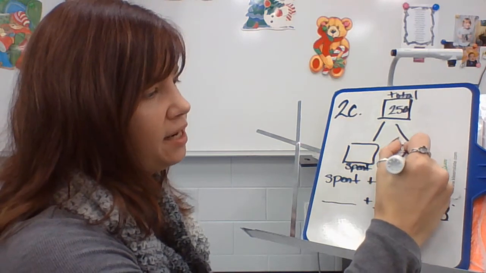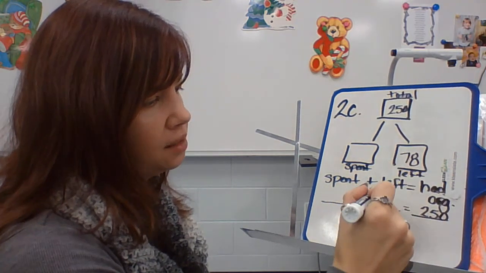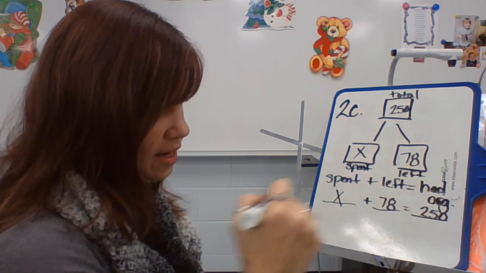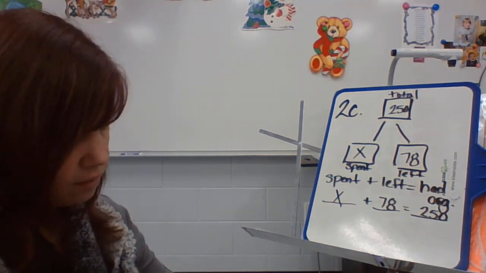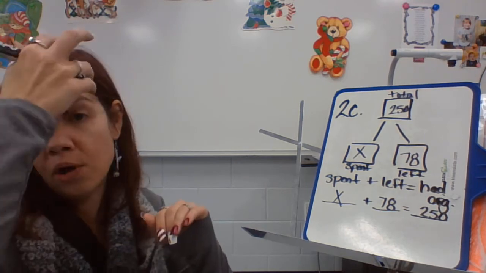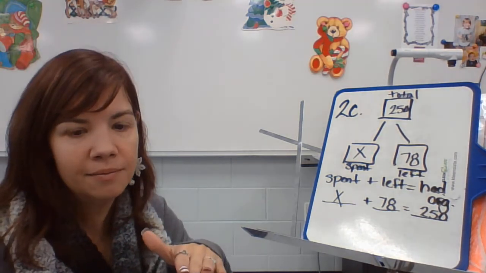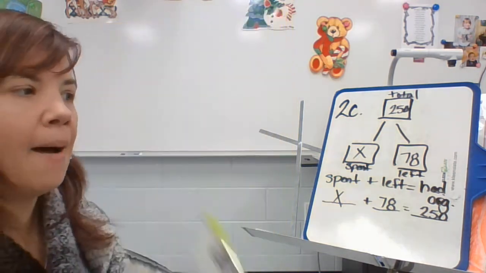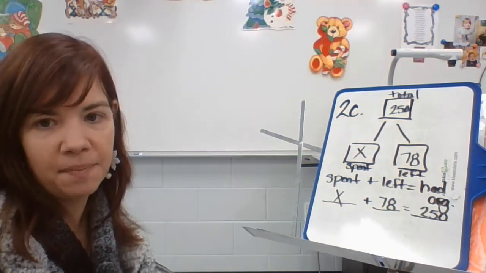No, 78 is what she has left. We want to know how much she spent. Okay, so there it is set up for you. So all you have to do is do your subtraction. Show me on here, and then tell me how much she spent during the day shopping.